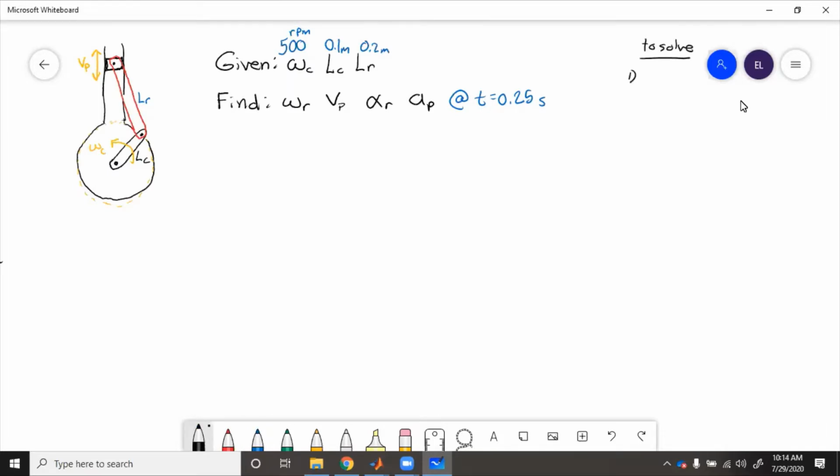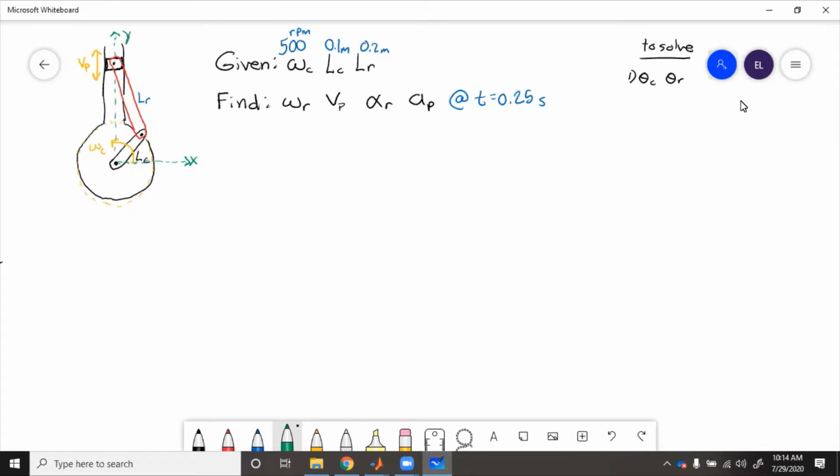First thing we need to find is position of the crank and the rod. So we say this is positive x, this is y.